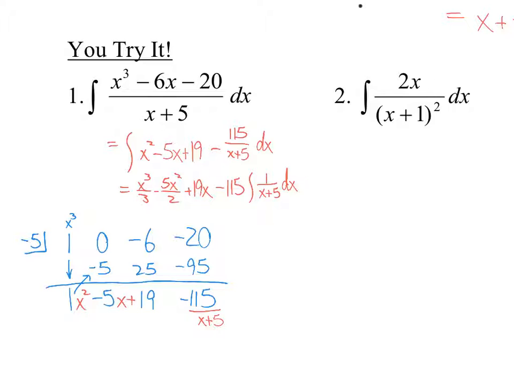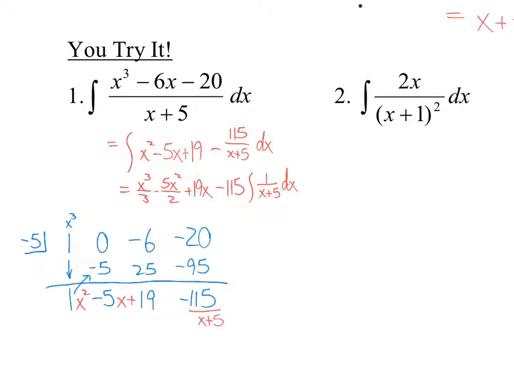Because the denominator is x plus 5, that's going to be our u. So ln absolute value of x plus 5. The du is just 1 dx, so it's already there.